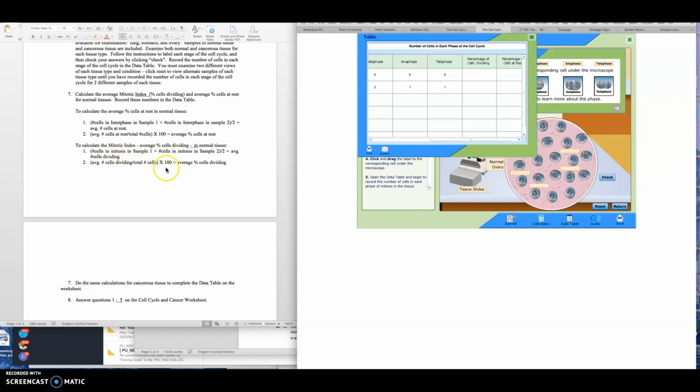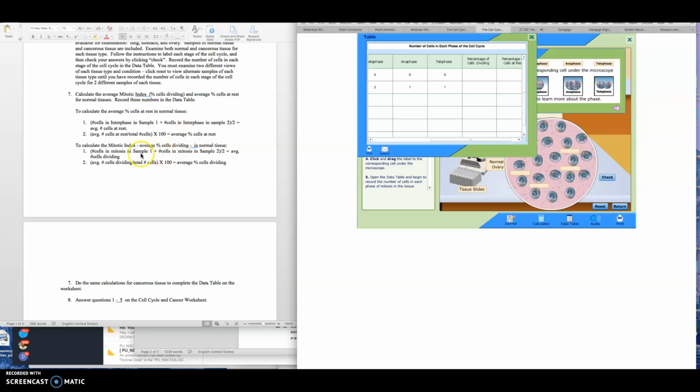So, the cells in mitosis in sample 1. So we're getting the average cells of mitosis. And then we've had these cells that are at rest or at interphase. So we add them up, divide by 2 in the first step, and then we divide by the total number of cells and multiply by 100. That's a percentage of cells at rest.